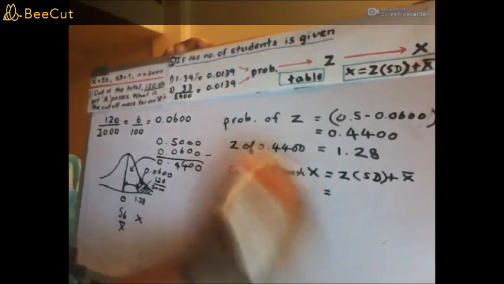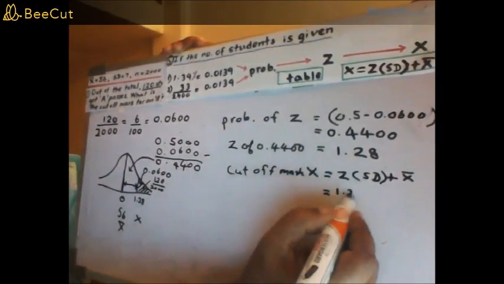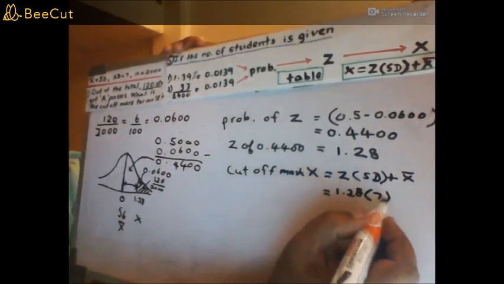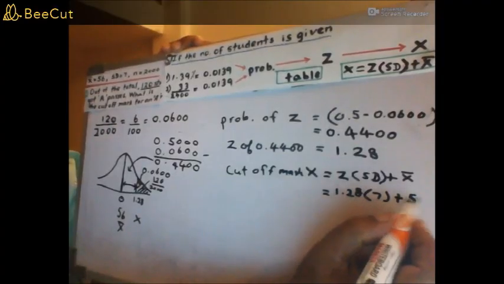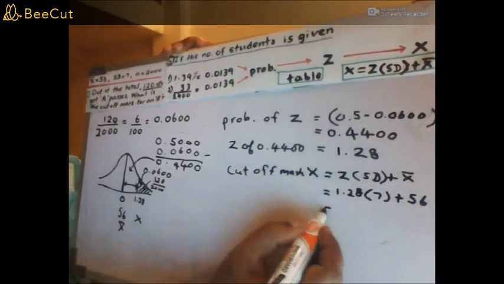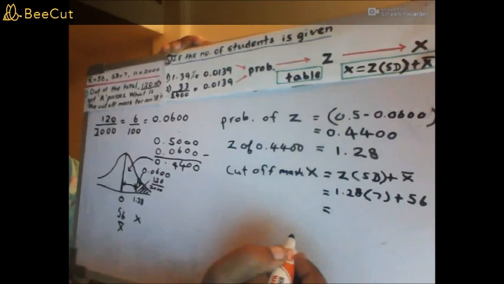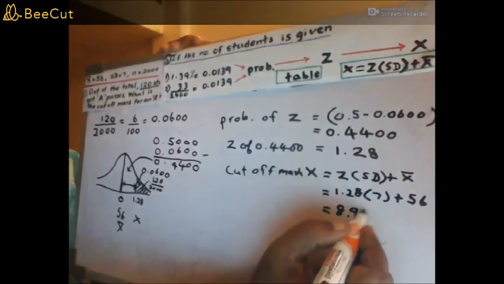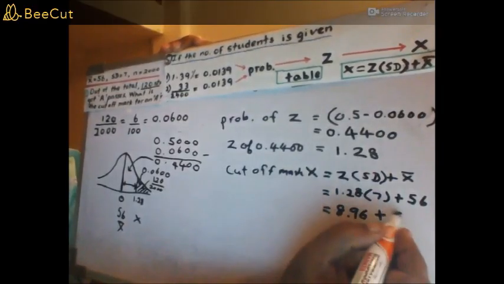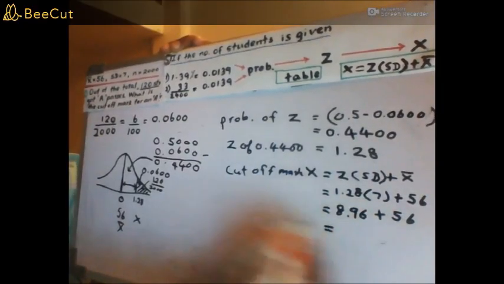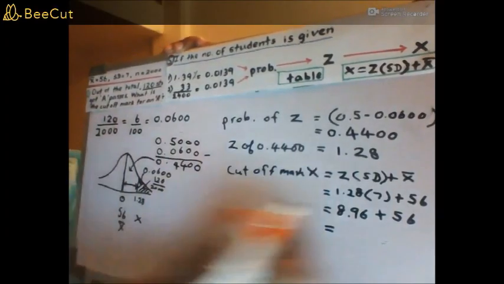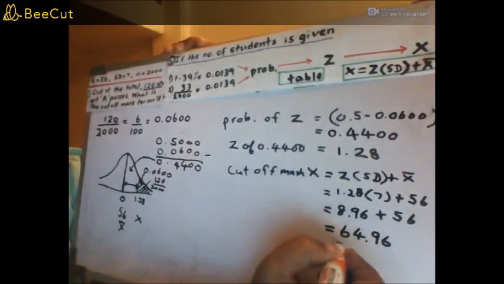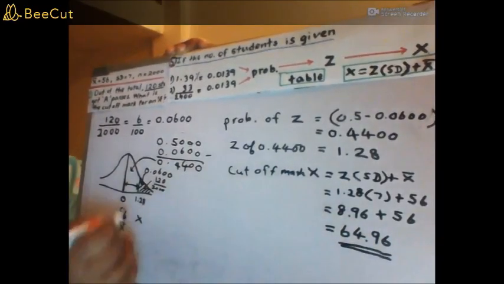So we'll apply the values now. This is our Z, 1.28, into SD, which is 7, plus 56. That is 8.96. You do all the calculation. Plus 56, the answer is 64.96. That is the cutoff mark for an A here.